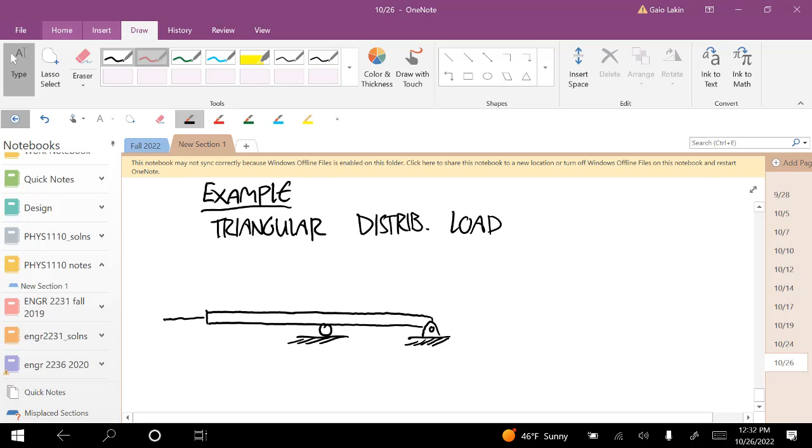And let's say that here we're applying a force of 500 newtons. And our distributed load looks like this.